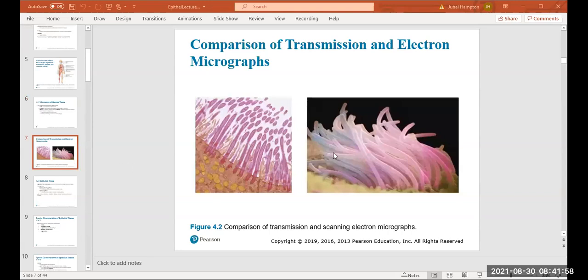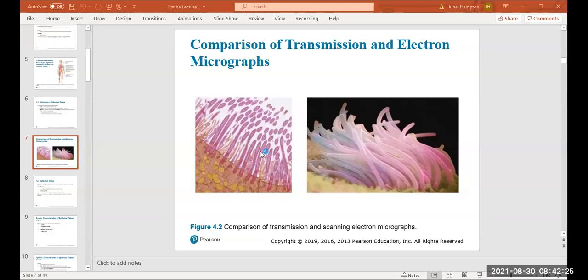So when we compare electron micrographs and transmission, we have here a light micrograph showing the H&E stain with the bluish purple to orangey pink. Electron micrographs give us more 3 dimensions. So that's the big difference between light transmission and electrons.